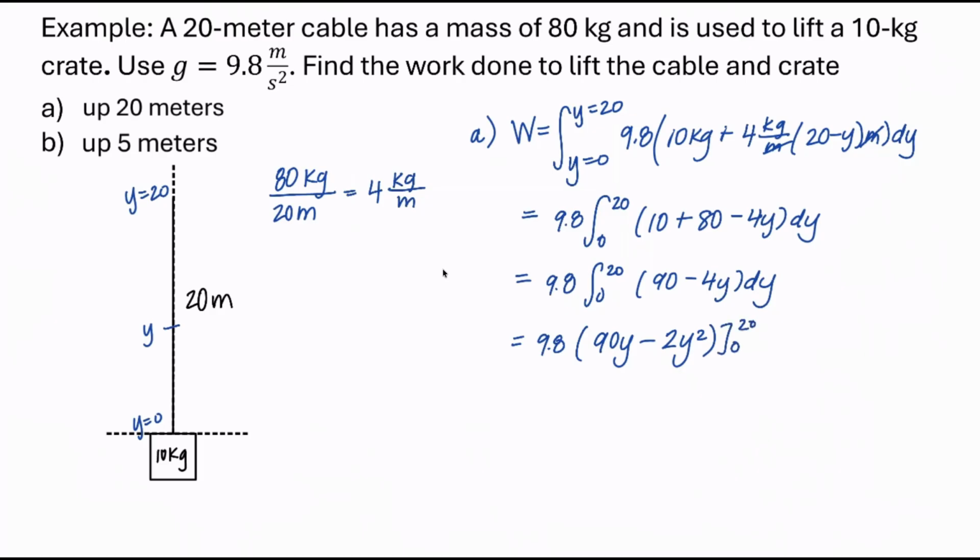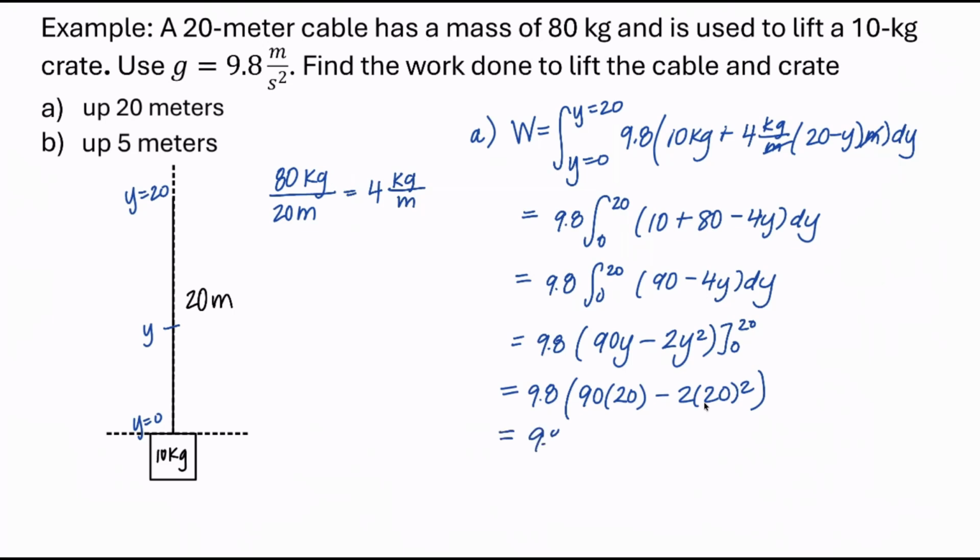evaluated from 0 to 20. And so let's go ahead and substitute in 20, since substituting in 0 gives us 0. So we'll just get 90 times 20 minus 2 times 20 squared. So let's see, this is 1800 minus, here 20 squared is 400 times 2 is 800. So 1800 minus 800 is 1000.